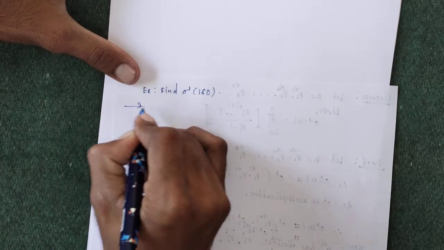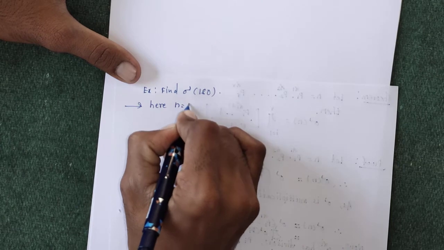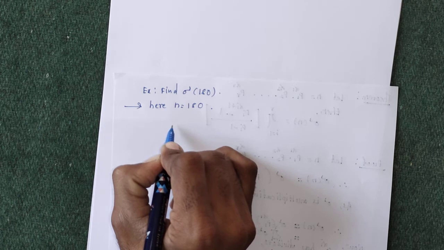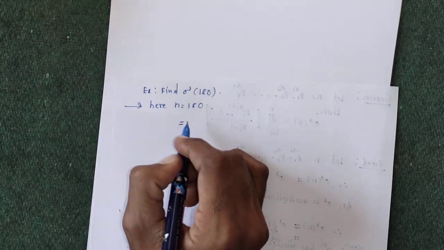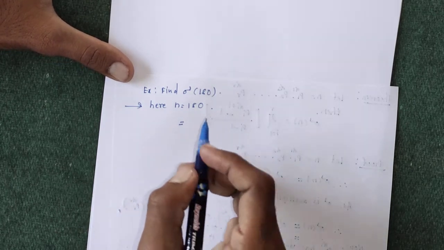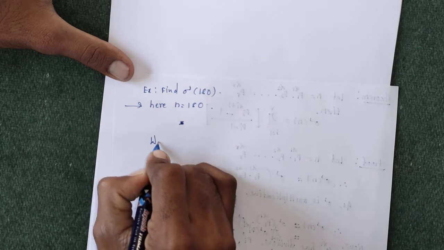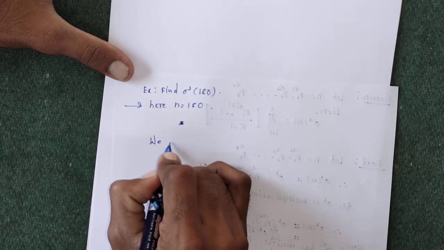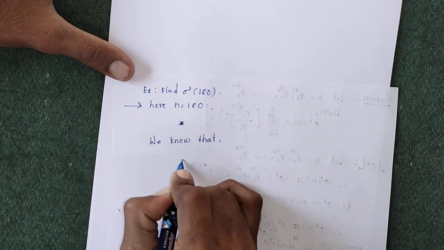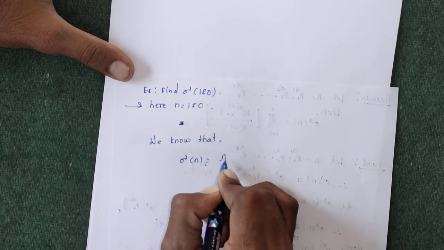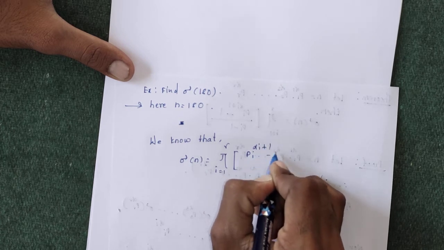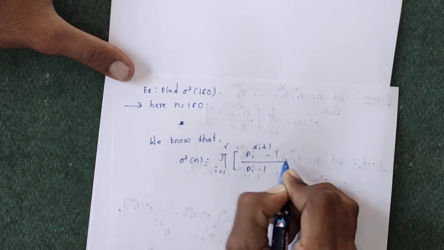Instead of doing that, just write the value of n as 180 and express n in canonical form, or just use the previous theorem. We know that sigma of n is equal to the product of i running from 1 to r, pi raised to alpha i plus 1 minus 1 upon pi minus 1.